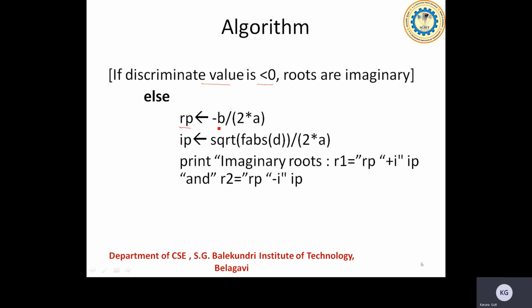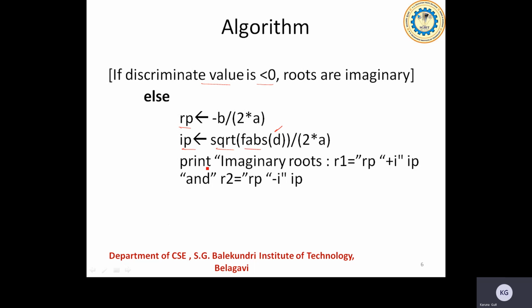So Rp is equal to minus b divided by 2 into a, whereas Ip is equal to square root of fabs of d divided by 2 into a. As d is minus here, I need to take the absolute value of that before I find the square root. So it's going to give me only the imaginary part there, right?